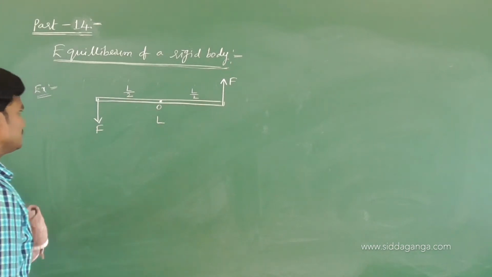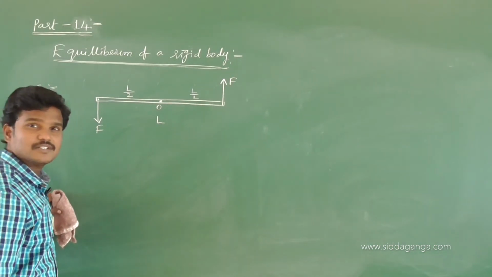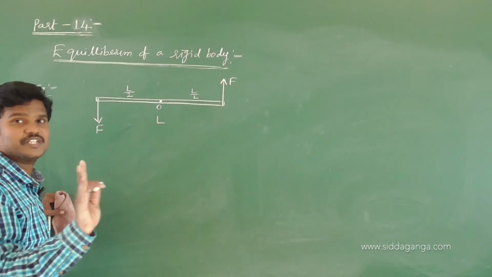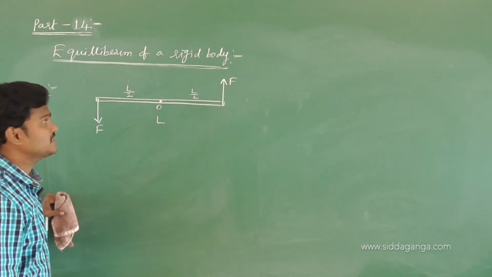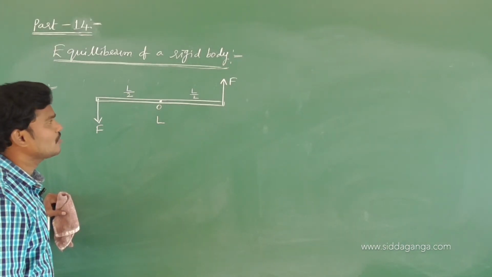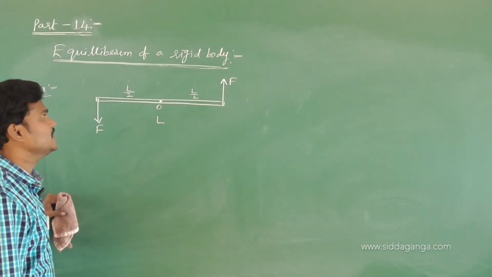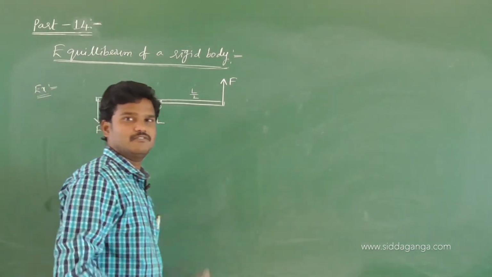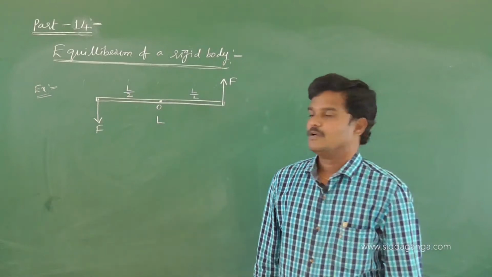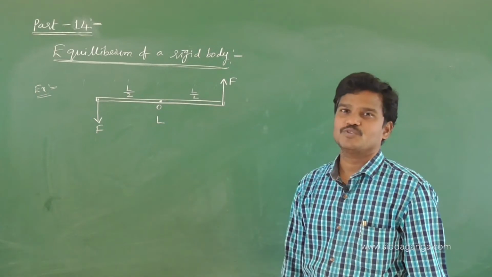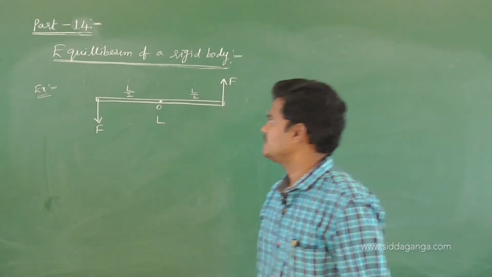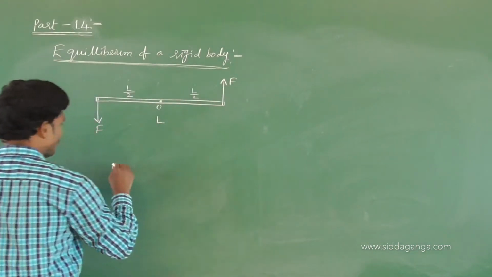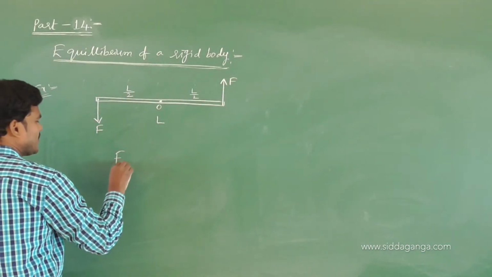Now let us check whether this rod is in translational equilibrium or rotational equilibrium. First, let us find the total force acting on the rod.